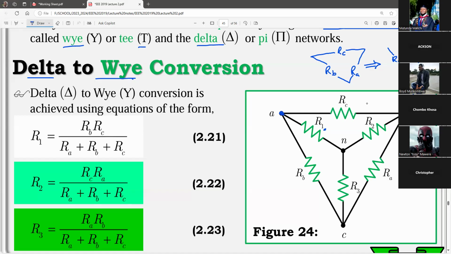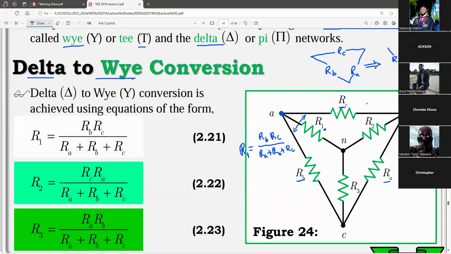It's connected at point A. Get the product of the two resistors that are sitting on the left and right of R1, but connected to point what? Point A. If you look at that, you will see that there's RB and RC. So the product of that, RB, RC, over the sum of those resistors that are connected in delta, RA, RB, RC. Okay?